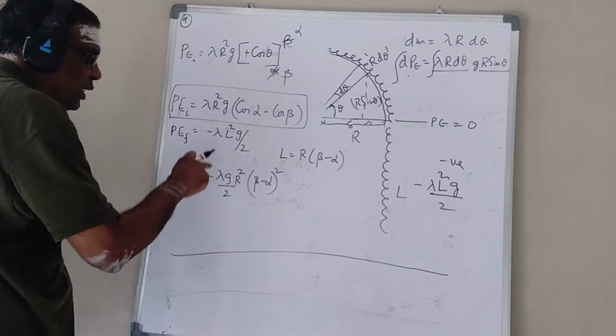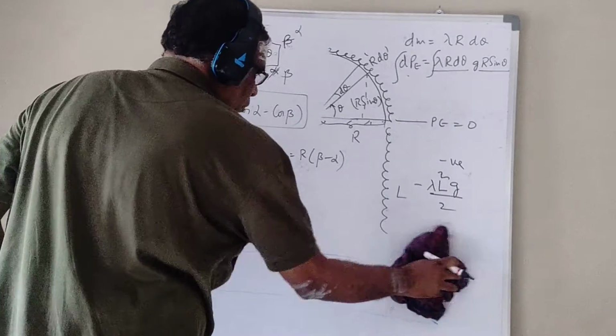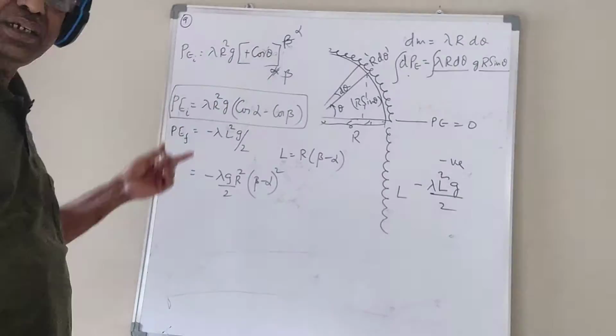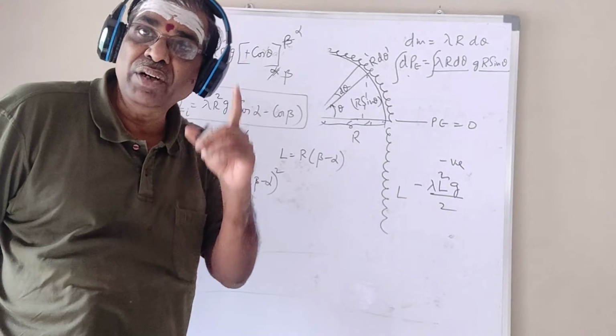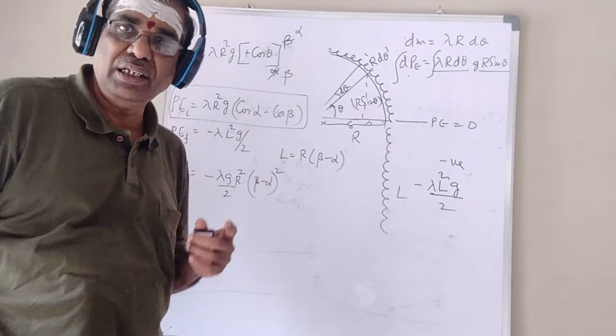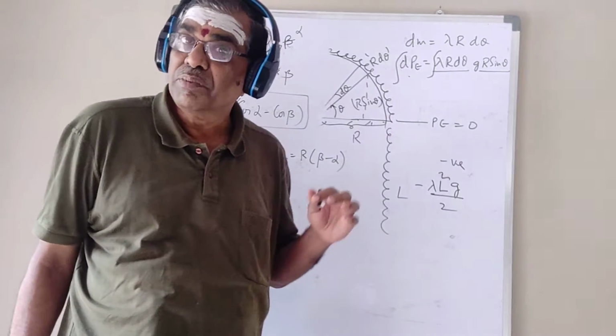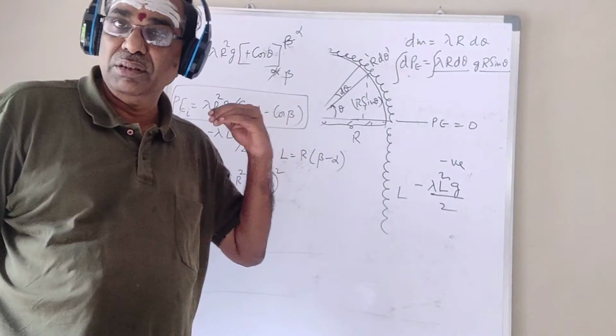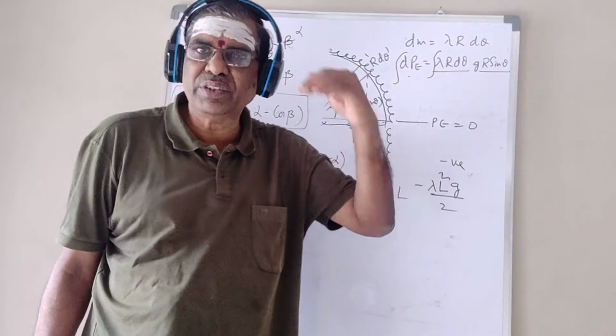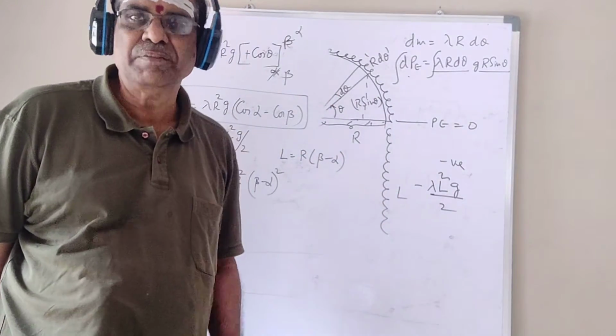So, minus of minus becomes plus. Why am I taking initial PE minus final PE? Work done by gravitational force, which is a conservative force, right, is the negative of change in potential energy.